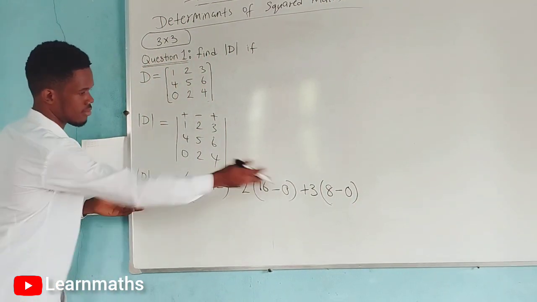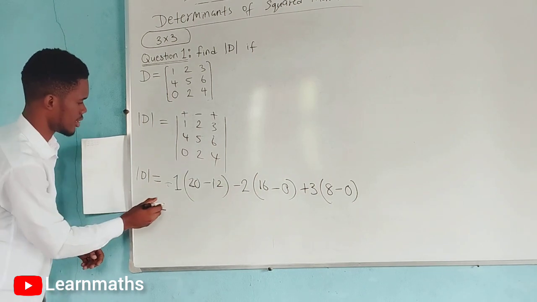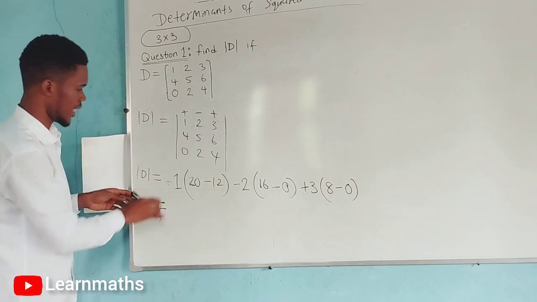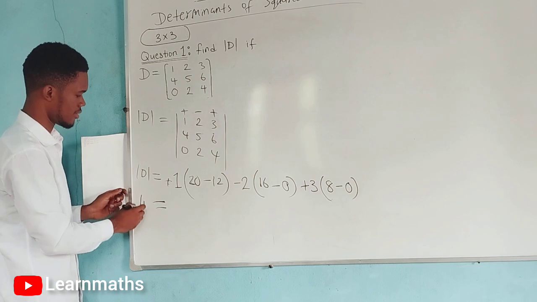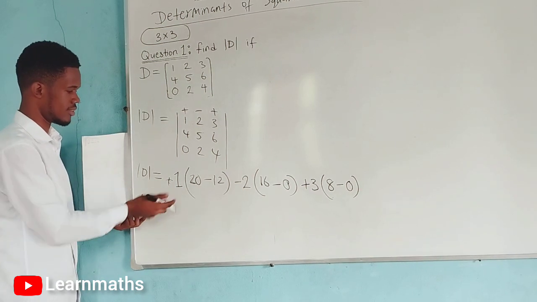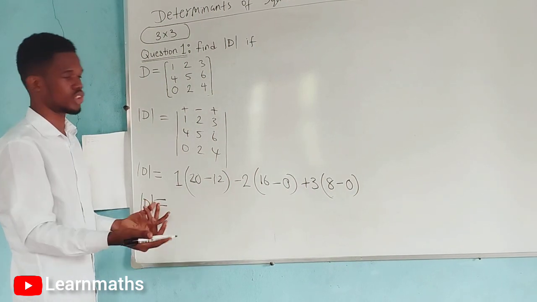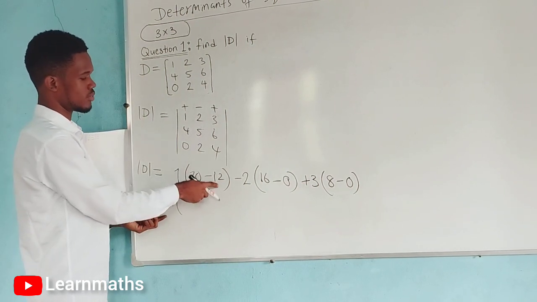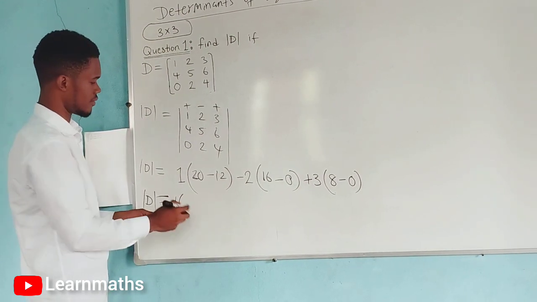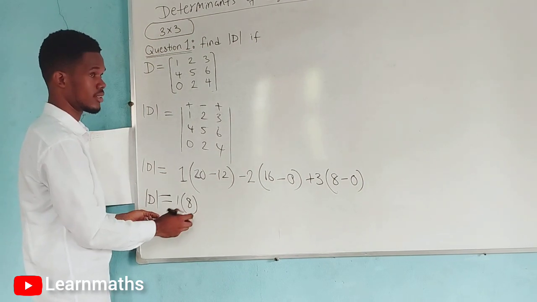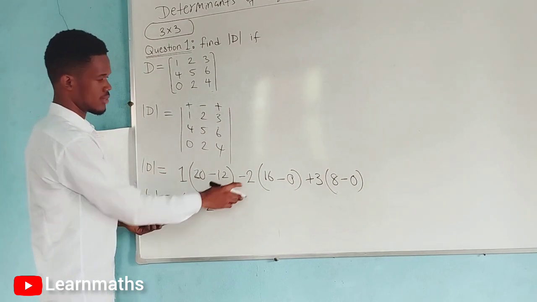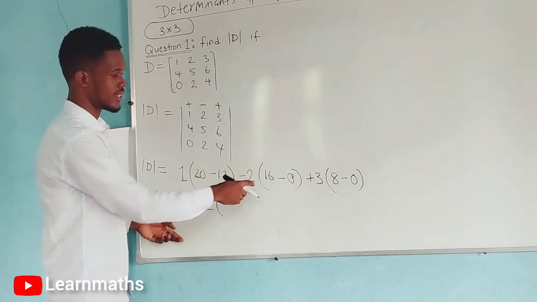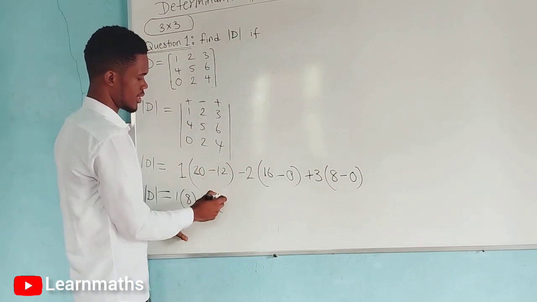So let's solve what we have here. Now this positive one, that's just 1 times 20 minus 12. 20 minus 12, that's 8, right? Minus 2, this minus 2 there. Then we have 16 minus 0, that's 16.